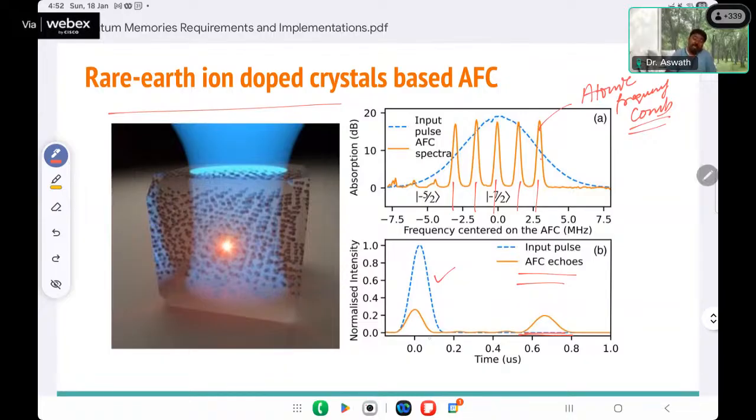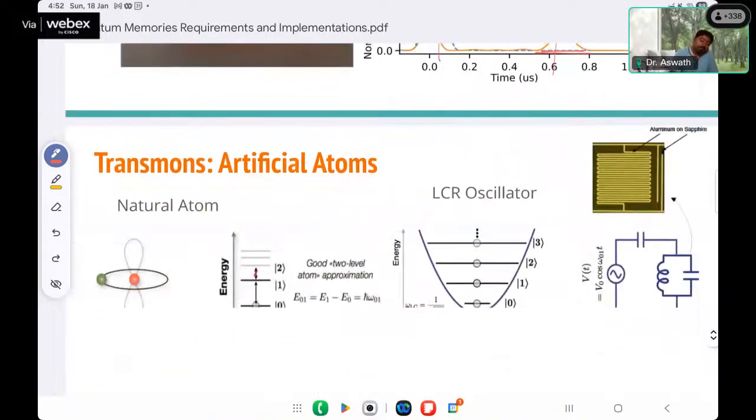You send in light carrying superposition state information, it goes inside and interacts with the ions, and after some time it is retrieved as an echo. The time between is my information memory. That is enough for us to do a lot of computation. In that way, quantum computing is possible, and memory is being realized.